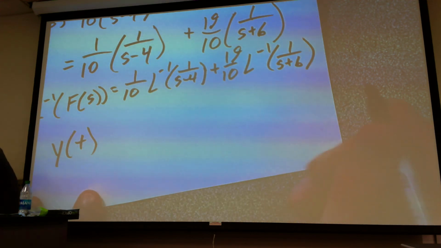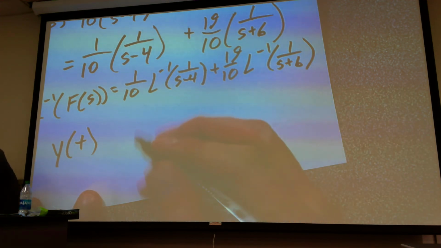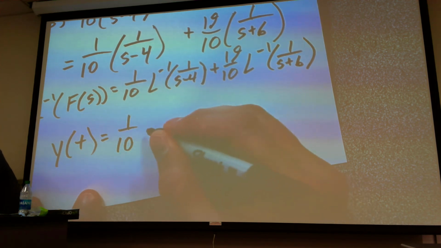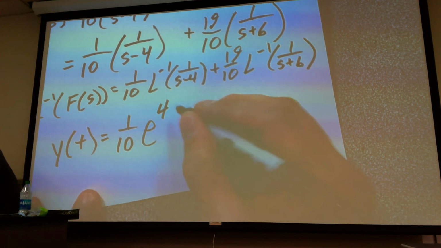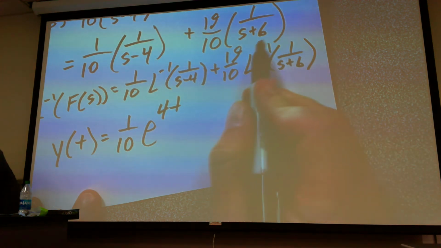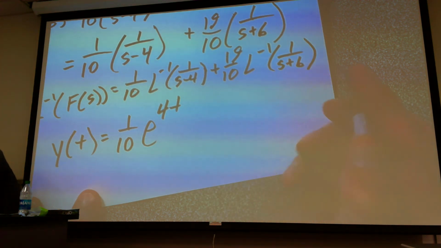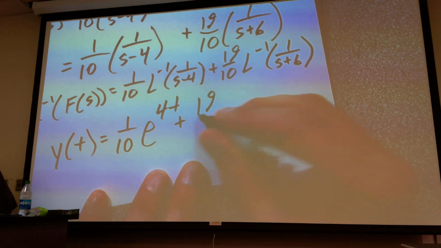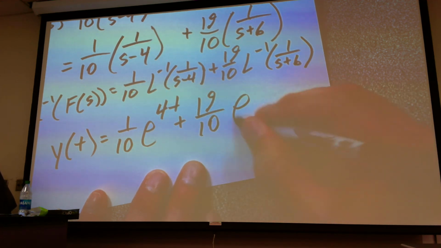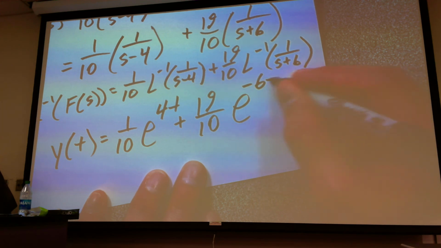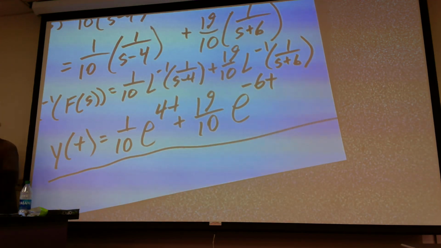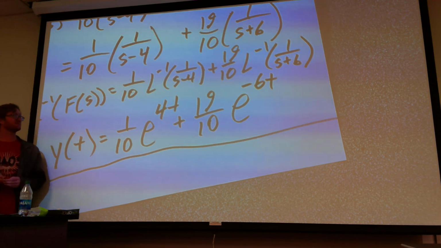Now remember, it's 1 divided by s minus a. So this is going to be 1 divided by 10 e to the 4t. And I said s minus a, so this is really going to be s minus negative 6. So that would be plus 19 divided by 10 times e to the minus 6t. And that right there is our solution to the problem. We already inserted the initial condition, and that's it. That's the solution to this.